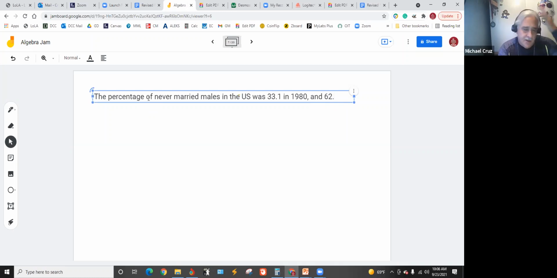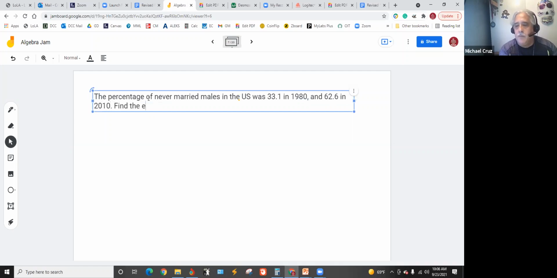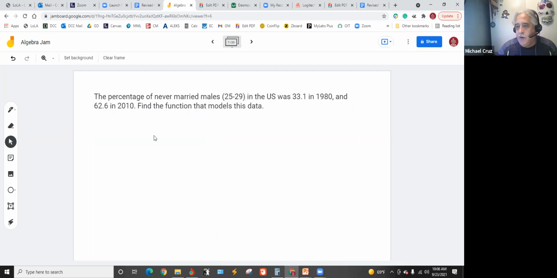And this is for a young age range. It doesn't mean ever. They got an age range. I'll check that in a second. So it's not all males, because it's just young males.